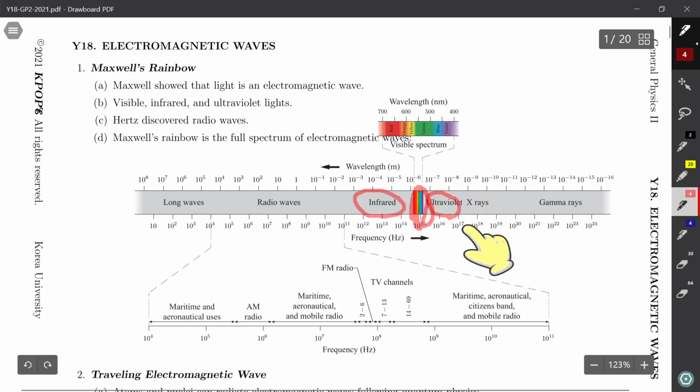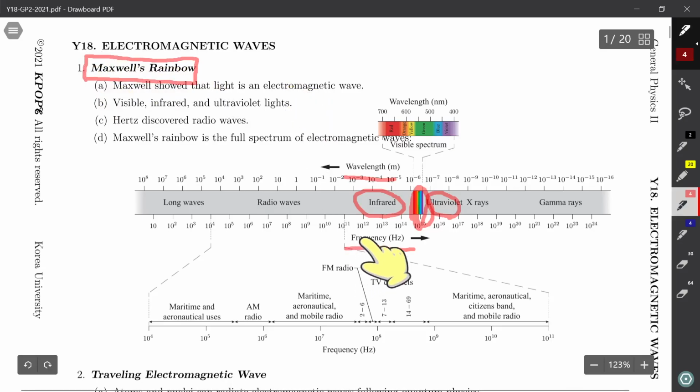Both infrared and ultraviolet are not seen with our bare eyes, but they do exist. Depending on the wavelength or frequency, they are classified in this band. We call this Maxwell's rainbow.